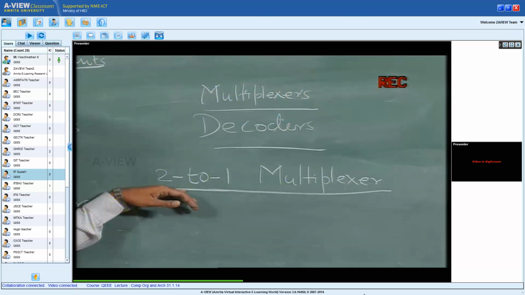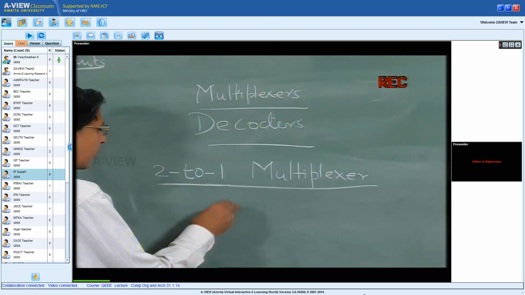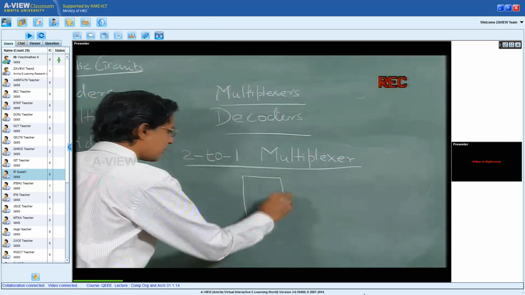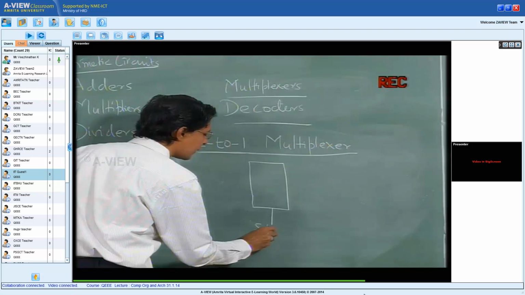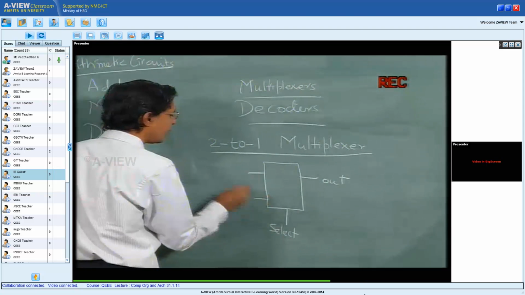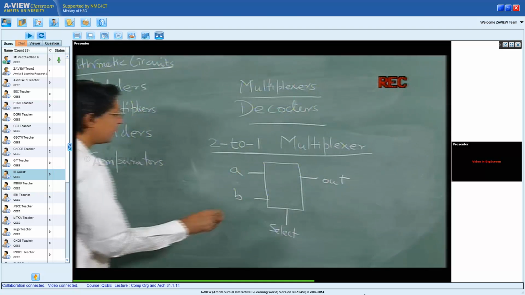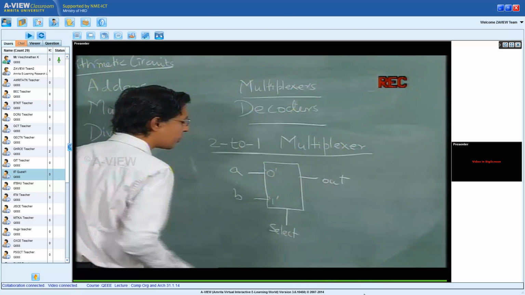So let me explain what a 2-to-1 multiplexer does. The 2-to-1 multiplexer has one select input, one output and two inputs, namely A and B. This is called the 0 input and this is called the 1 input.